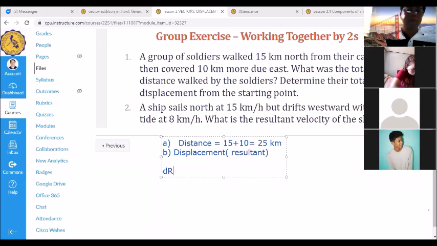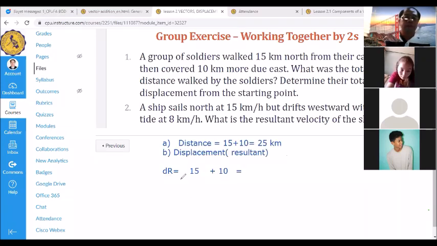So our DR is equivalent to the square root of 15 squared plus 10 squared. That is 18.03 kilometers. That's the displacement.